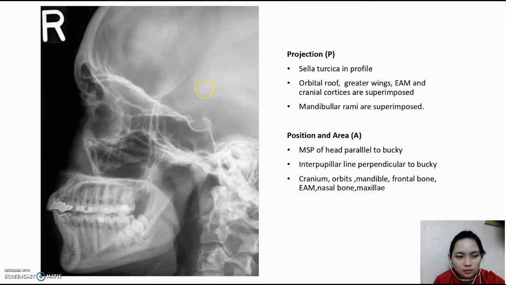The anatomical structures that must be included in this film are cranium, orbit, mandible, frontal bone, EAM, nasal bone, and maxillary.